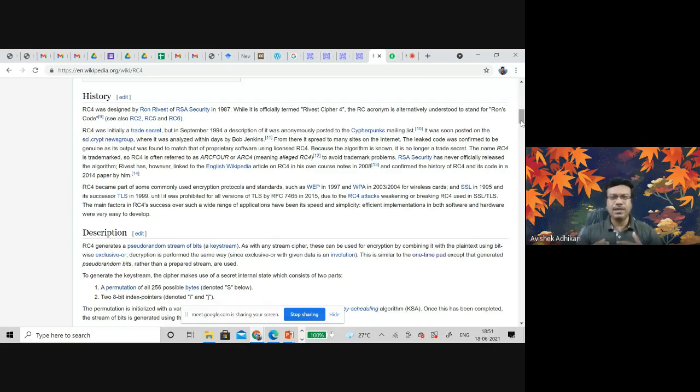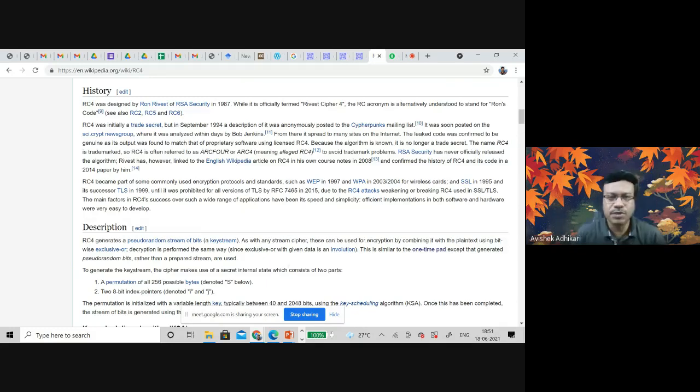And suddenly, around then, you can see that RC4 became a part of commonly used encryption protocols and standards such as WEP in 1997, WPA in 2003-4 for wireless cards, SSL in 1995, and its successor TLS in 1999.